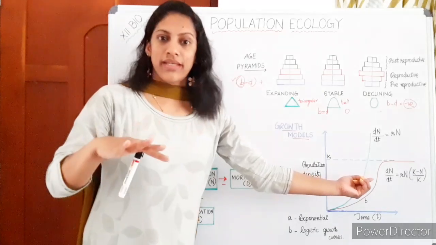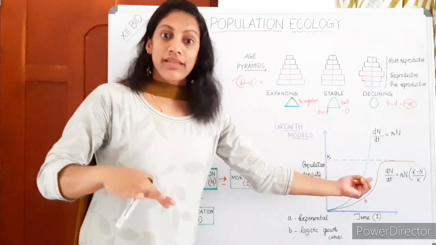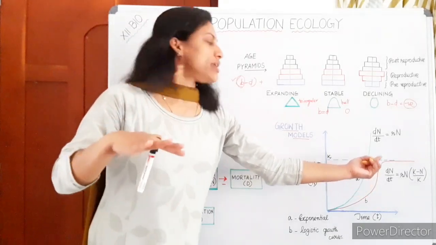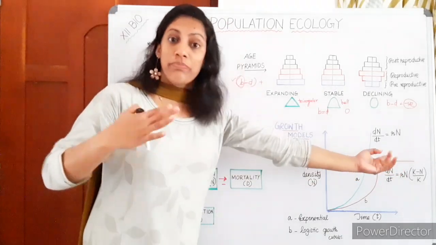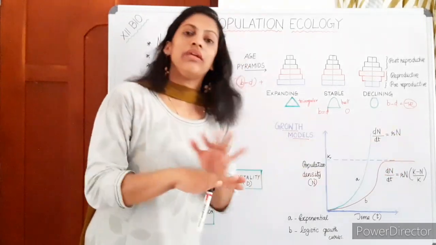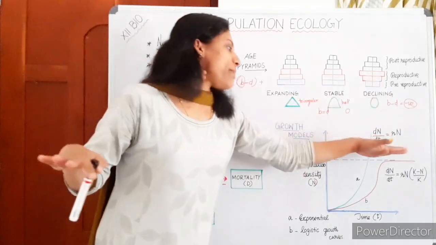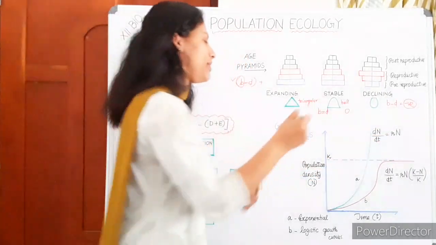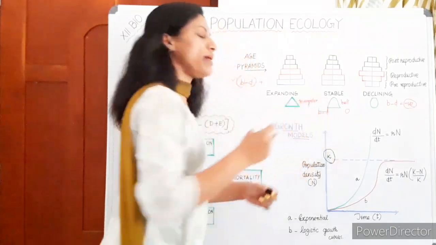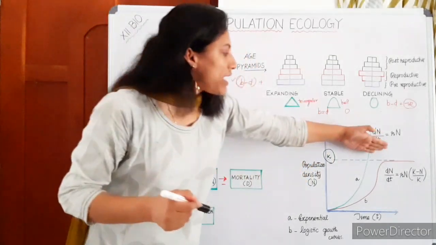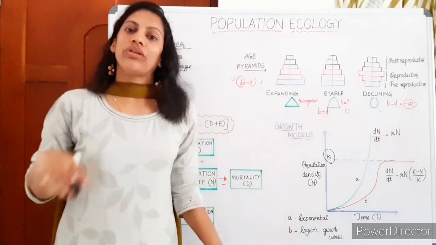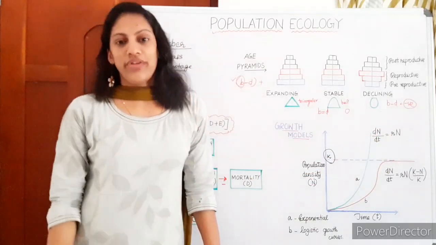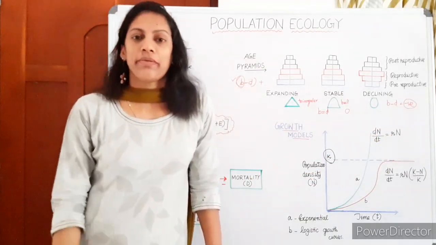But now the organisms are plenty and resources are getting limited, so only that much can be accommodated. Beyond that number it cannot be accommodated. What is the maximum number? It is the carrying capacity, K. Beyond that there is no increase. There is a stationary level; it will remain steady at carrying capacity.